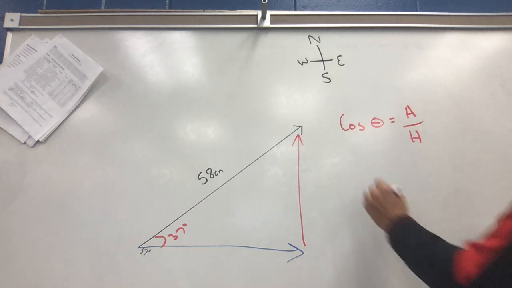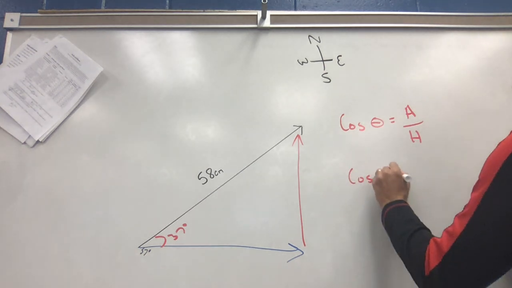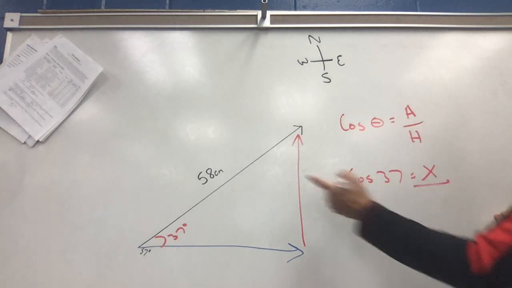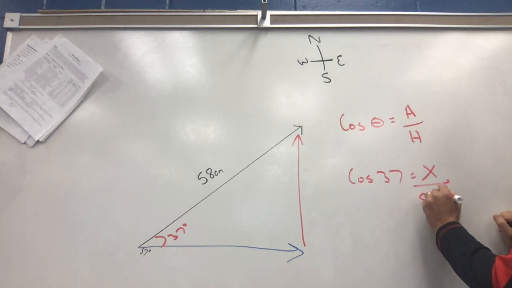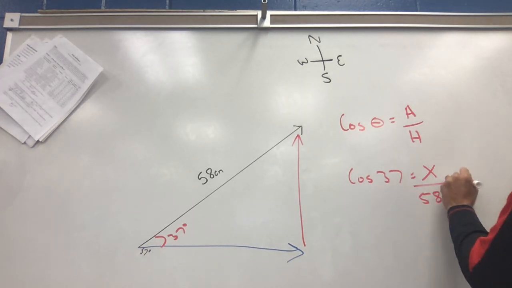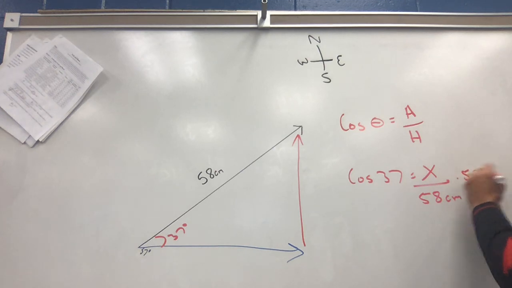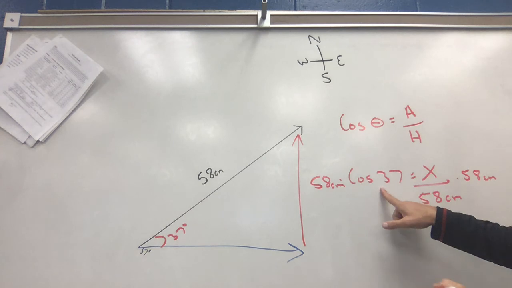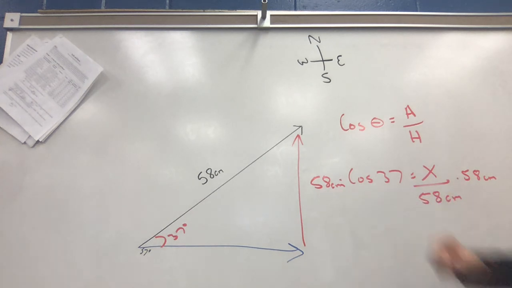So cosine of 37 equals my X over 58 centimeters. To get rid of the 58, I'm going to multiply both sides by 58 centimeters. Notice the cosine won't have a unit, so multiplying by 58 centimeters, it'll still have centimeters.